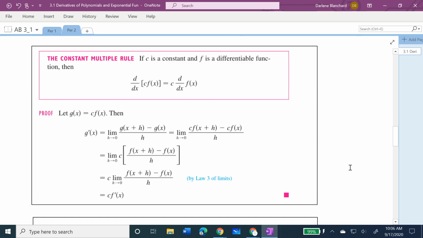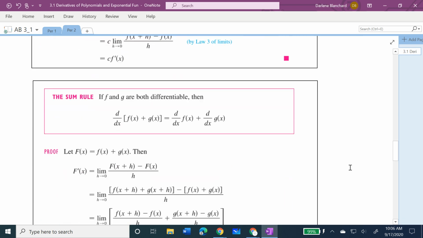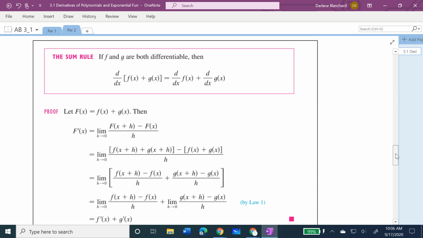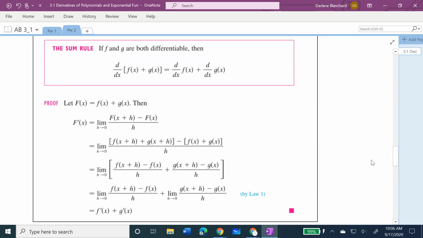Next, I have for you the sum rule, and it turns into the difference rule if you just make that addition a subtraction. I'm not even going to bother throwing that at you because you know addition and subtraction are essentially the same, just opposite operations. Appreciate this now, because I think it's tomorrow that we will be looking at the product and quotient rules.